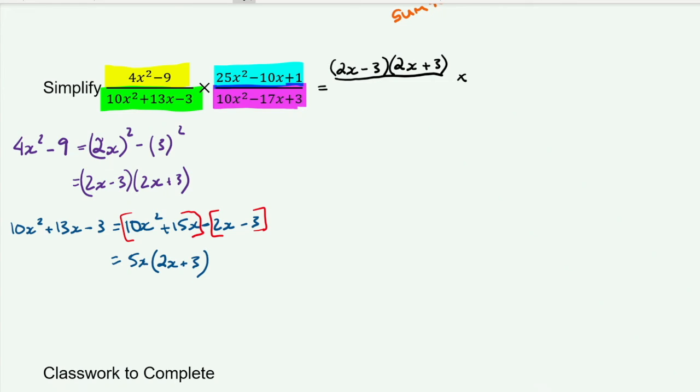I distribute that negative in between, I distribute that through, and I have my minus 1, 2x plus 3, which is exactly what I want. 2x plus 3, 5x minus 1. There's my first denominator done.